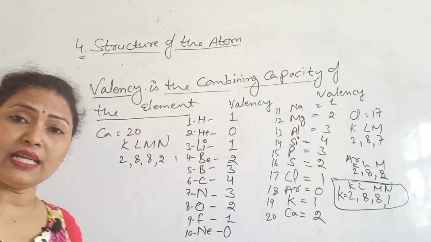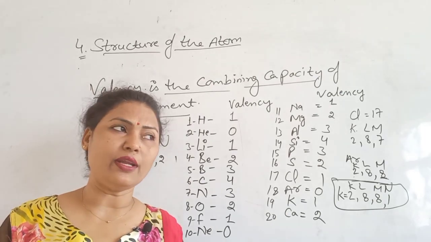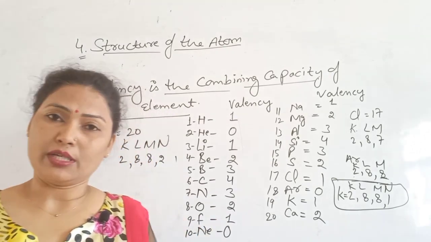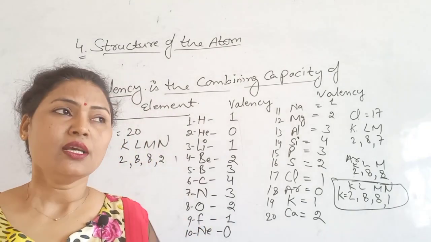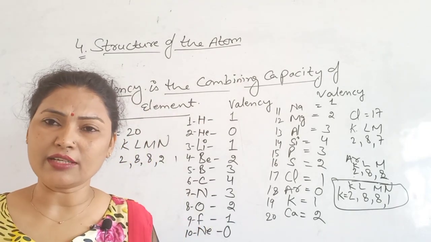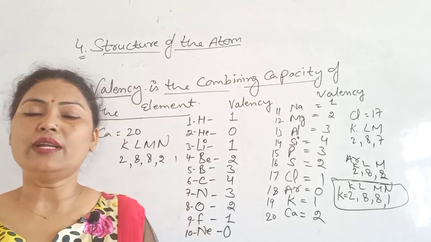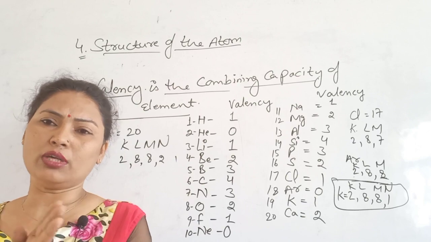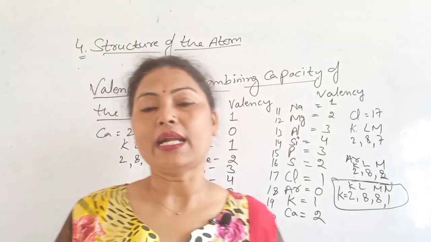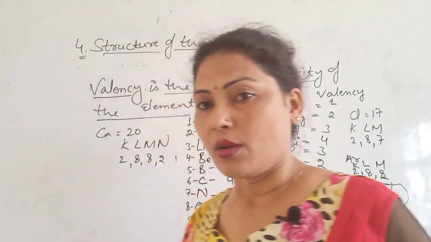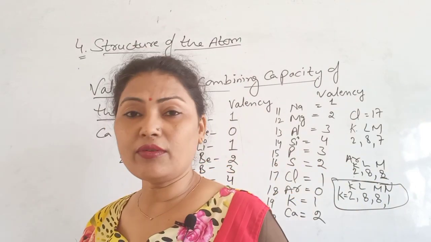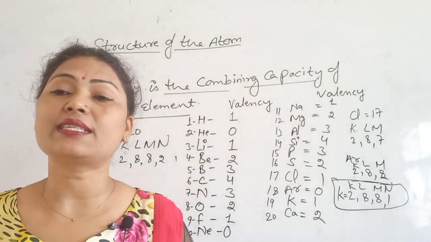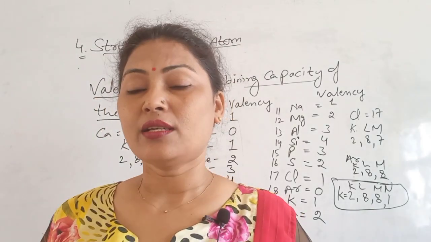If the valence electrons number is some count, that is the valency of that element. So remember it. If the valence electrons are 1, 2, 3, 4, then the valency is the same: 1, 2, 3, 4. But if the valence electrons are 5, 6, 7, then the valency is 3, 2, 1.